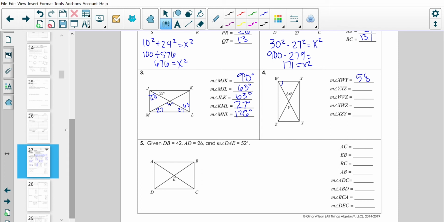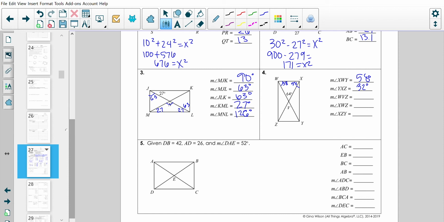We need to figure out what this angle is. If this is 58 and this is 58, how do I find that one? What do you get? 32.